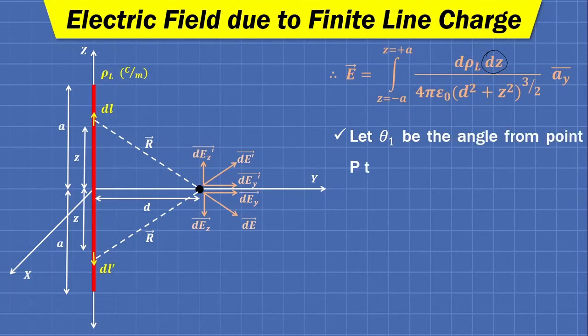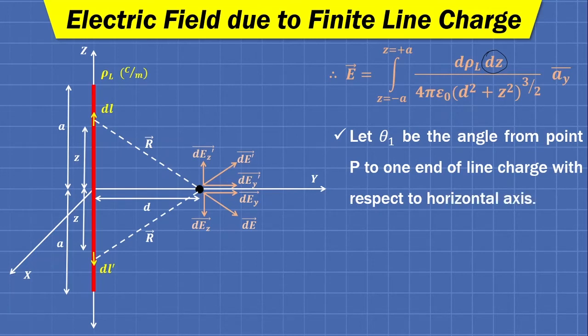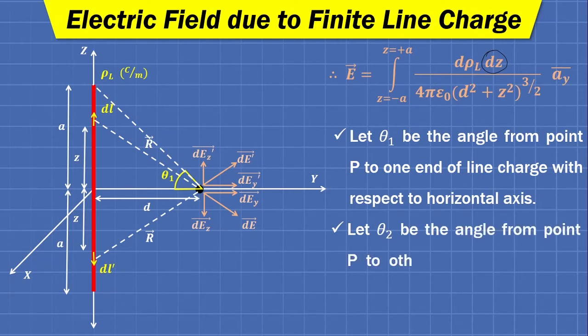So let theta 1 be the angle from point P to one end of the line charge with respect to the horizontal axis. Here I have considered the upper end of the line charge is making an angle of theta 1 with point P with respect to the horizontal axis, which is the y-axis in this case. As you can see, theta 1 is the angle between the upper end of the line charge and point P. And similarly, let theta 2 be the angle from point P to the other end of the line charge.